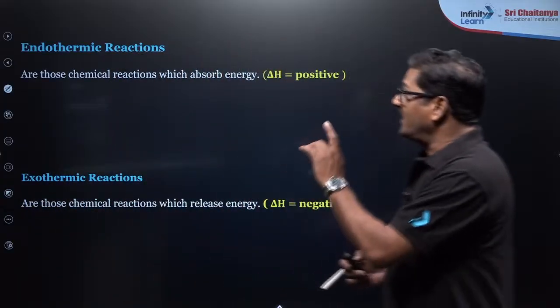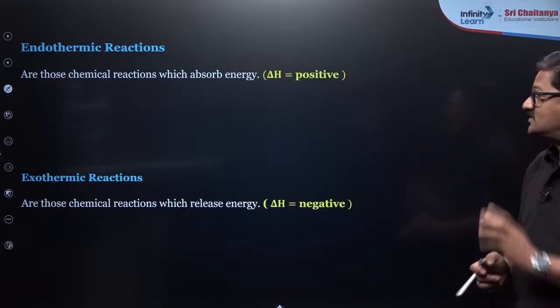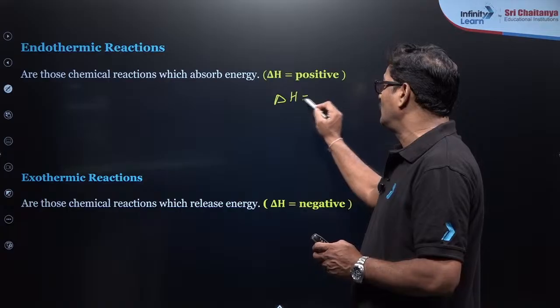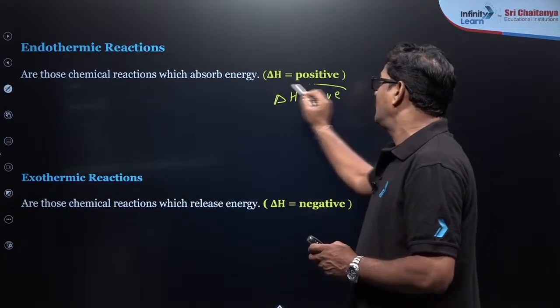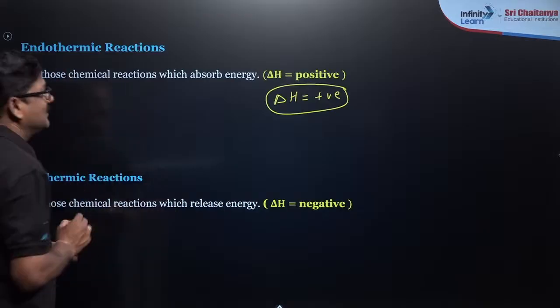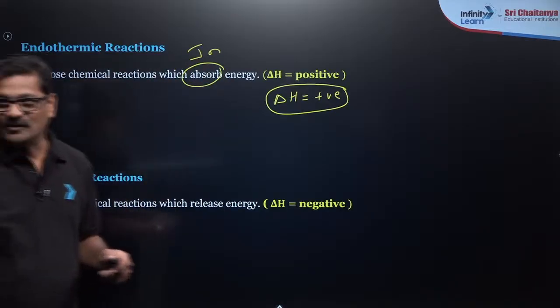So I just want to say endothermic reactions are those chemical reactions which absorb energy. So delta H is going to be a positive value. Endo means going in, endothermic reactions absorb energy in. Are you getting it or not?